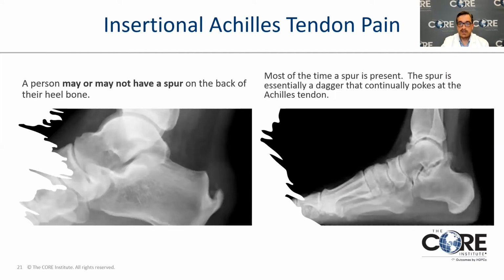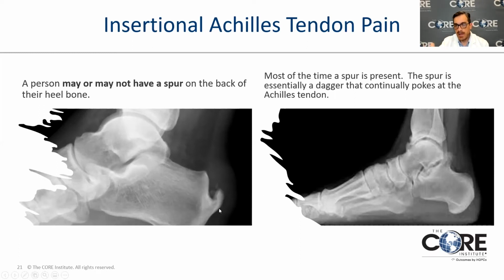So when a person comes to the office, again, we take the history and physical, and we will take x-rays. And x-rays are very important because, of course, they give us foot structure. This tends to be a little more common in a person with a higher arch. But essentially what happens, a person may or may not have a spur formed on the back of their heel bone.